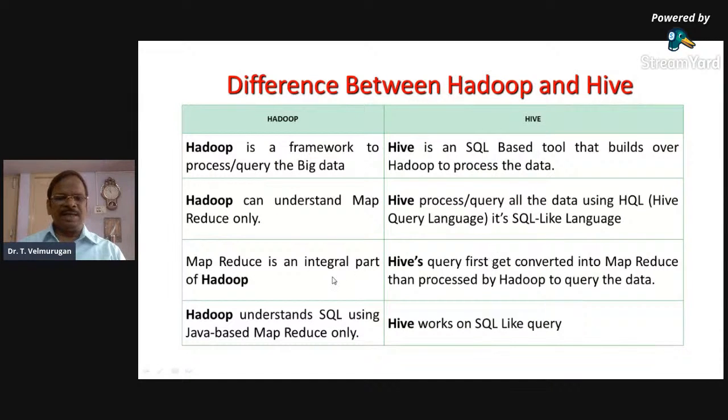MapReduce is an integral part of Hadoop. A Hive query first gets converted into MapReduce, then processed. Hive is a query language which produces output and gives it as input to MapReduce. Then the MapReduce is processed using the Hadoop platform. Hadoop understands Java-based MapReduce only. Hive works on SQL-like queries.